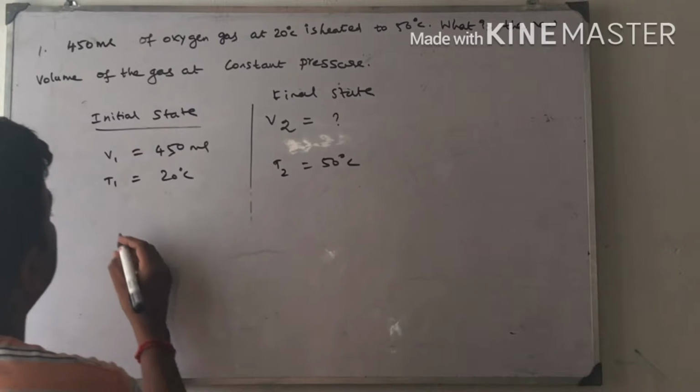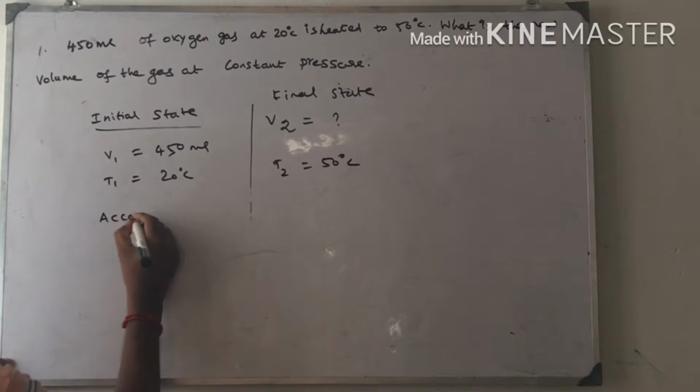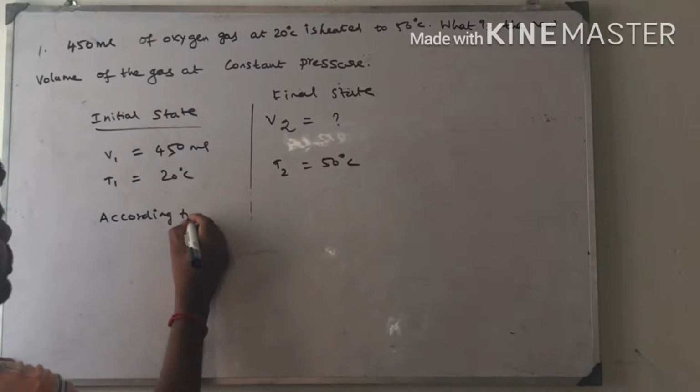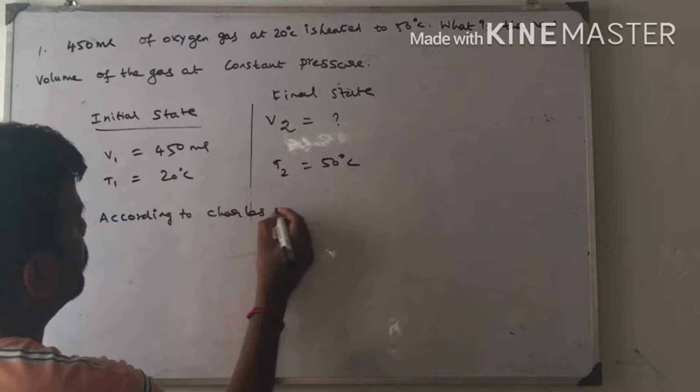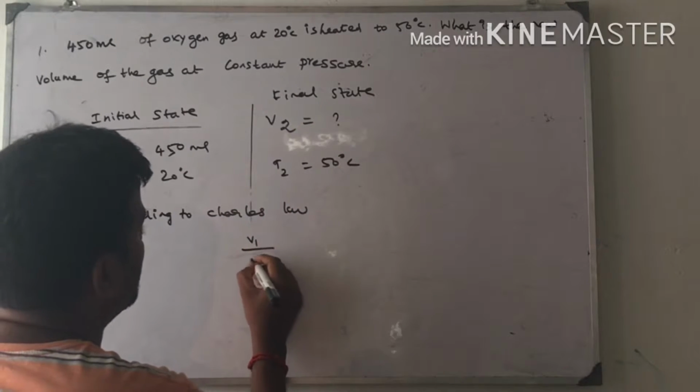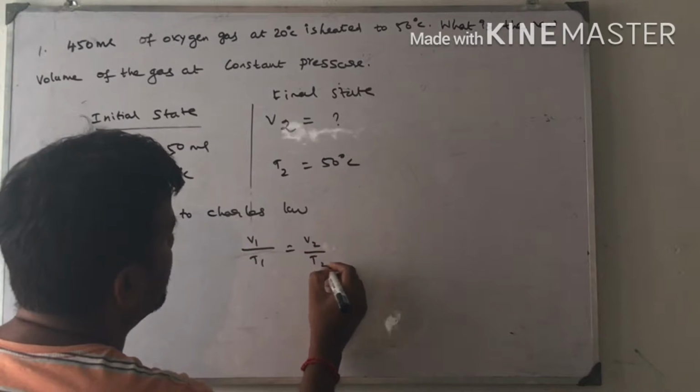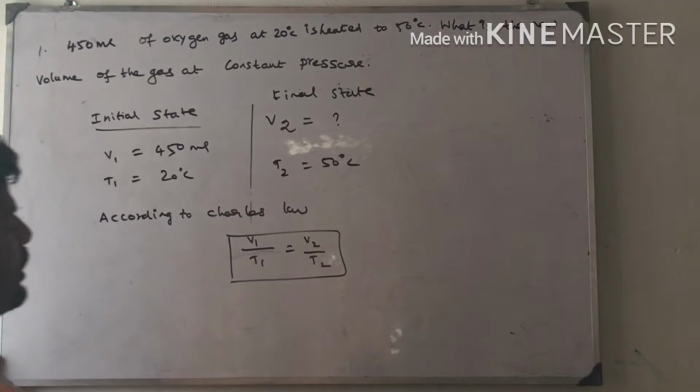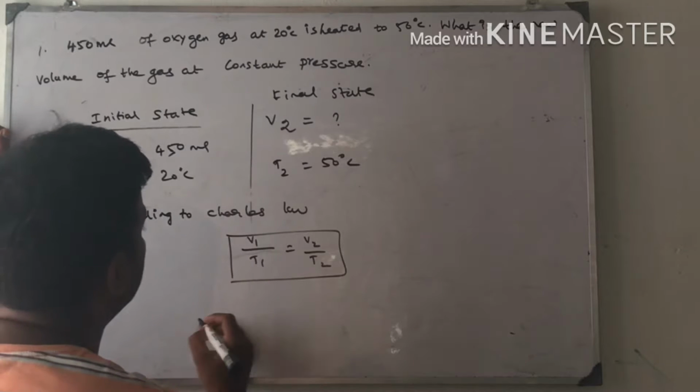So these are the things given. According to Charles law, V1 by T1 is equal to V2 by T2. This is the equation we derived in Charles law. So we apply the values.